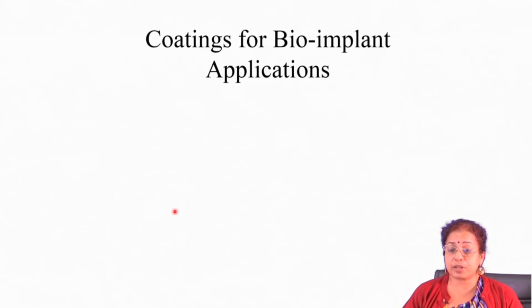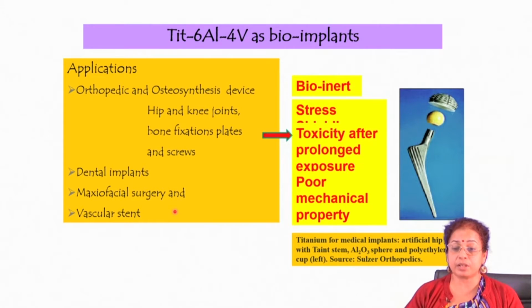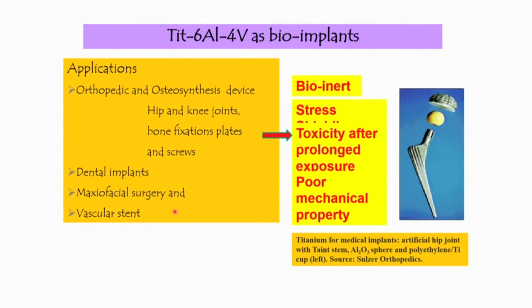Then another example I will show you is coatings for bioimplant application. This is a kind of bioactive coating applied on Ti64 substrate. Ti64 is a very interesting material for bioimplant application, but the problem with Ti64 is that it is bioinert in nature, as a result of which there is no spontaneous osseointegration on its surface.